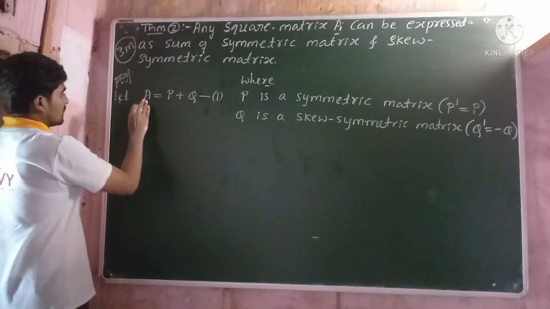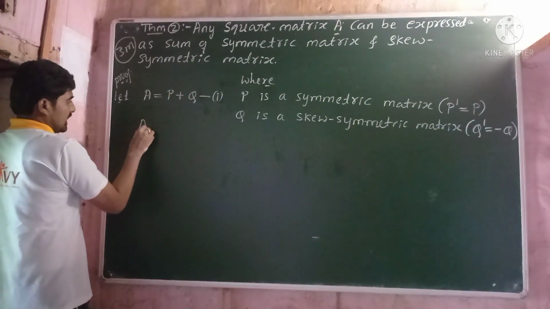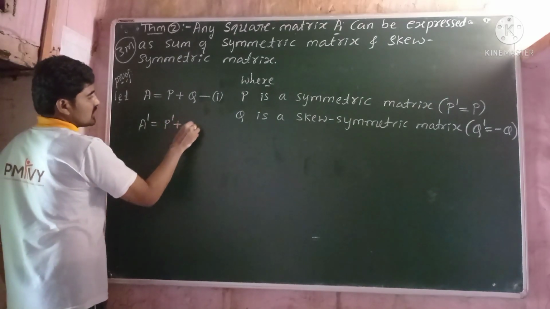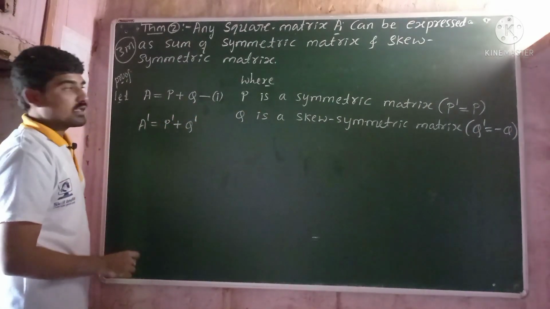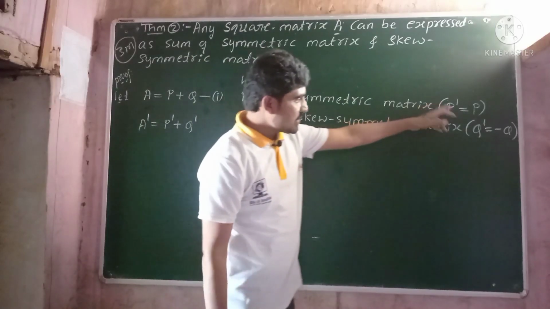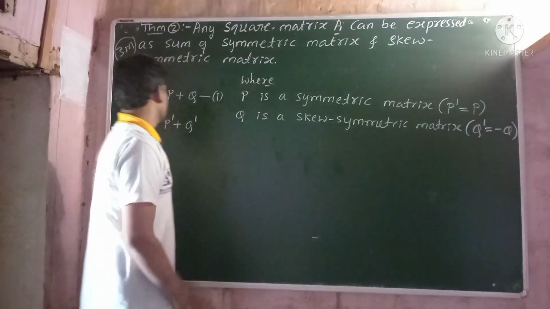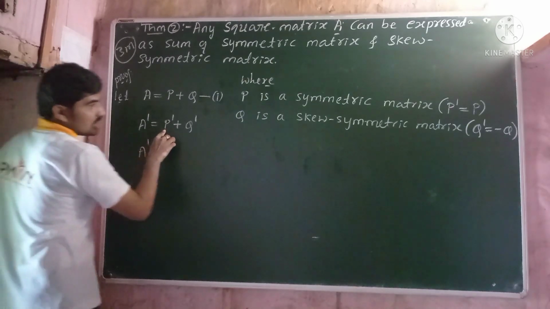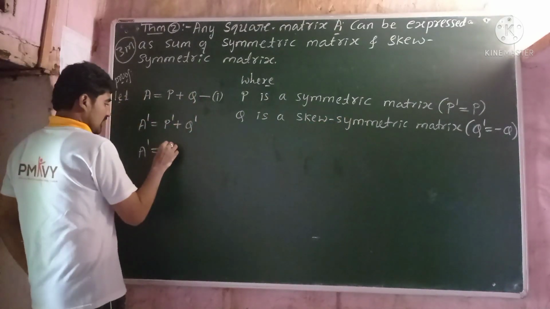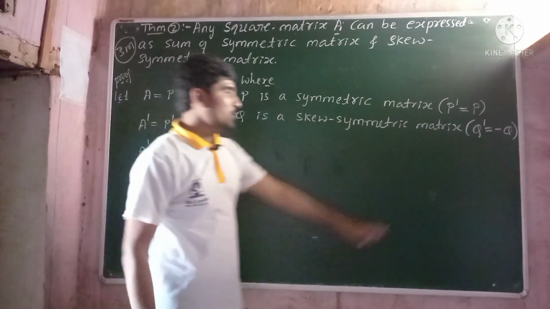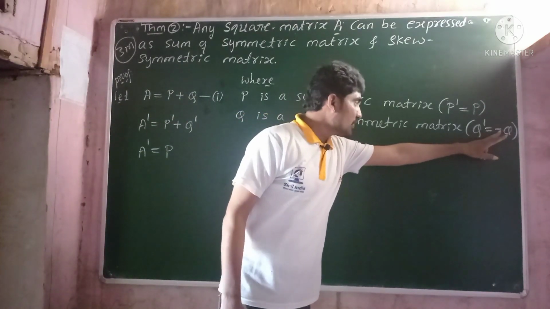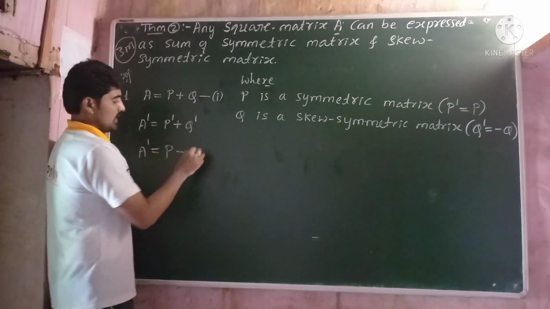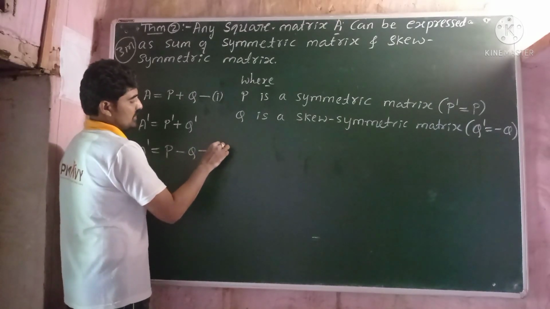And the transpose of the matrix A, that is A dash, is equals to P dash plus Q dash. Now, by using these two relations, A dash is equals to P dash is equals to P and Q dash is equals to minus Q. Therefore, A dash is equals to P minus Q, and call this as equation number 2.